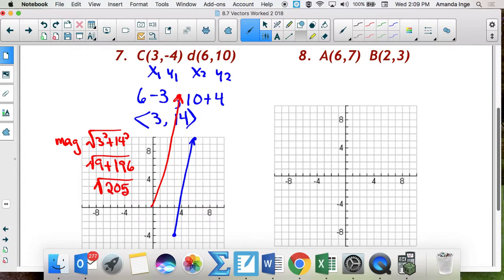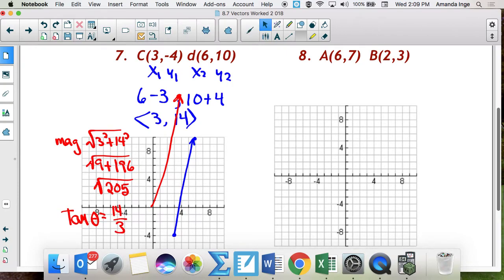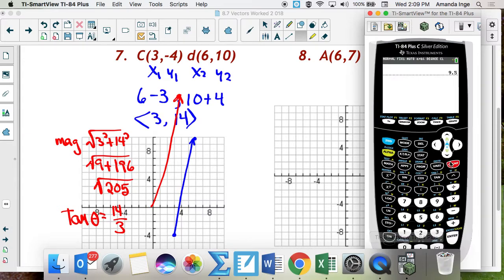All right. So the direction would be the tangent of theta would be equal to, so we have to use the component form, so we're going to say 14 over 3. All right, are we in the first quadrant? Yes.